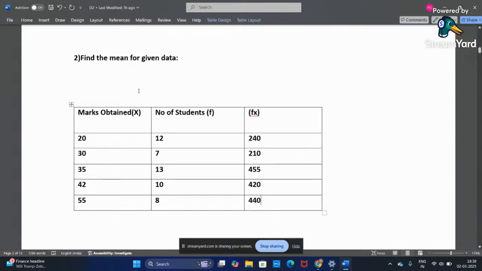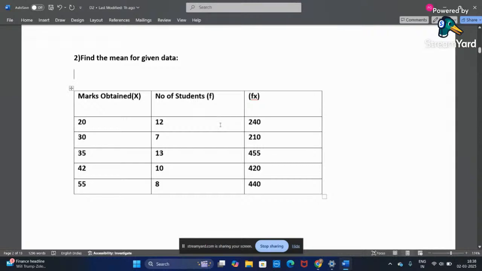In this, we need to find the mean. For that, we have to add all these numbers and divide by the total number of observations. Here the observation is the total number of students. So what is the total number of students here? Add these 12, 7, 13, 10 and 8.